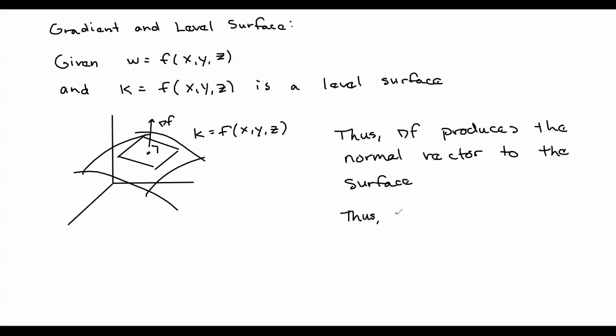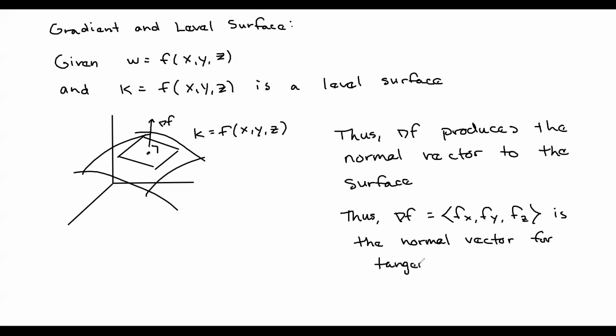So thus the gradient of f, which equals partial with respect to x, partial with respect to y, partial with respect to z, is the normal vector for the tangent plane at a point.